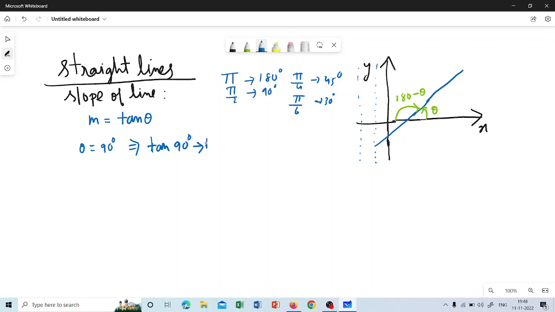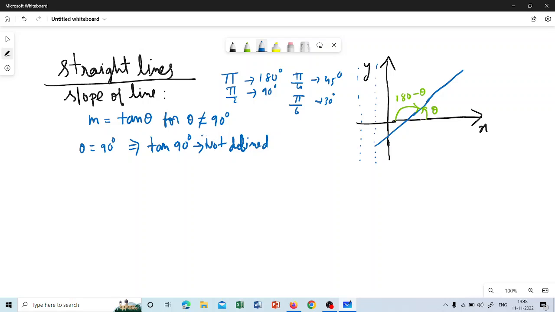So this formula is valid only for theta not equal to 90 degrees, because we always want a finite value.